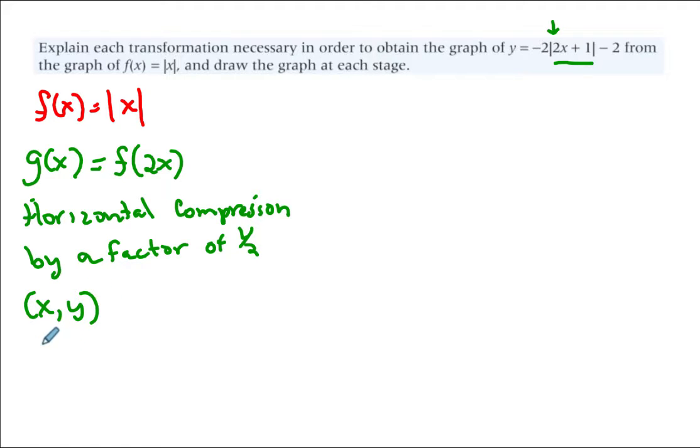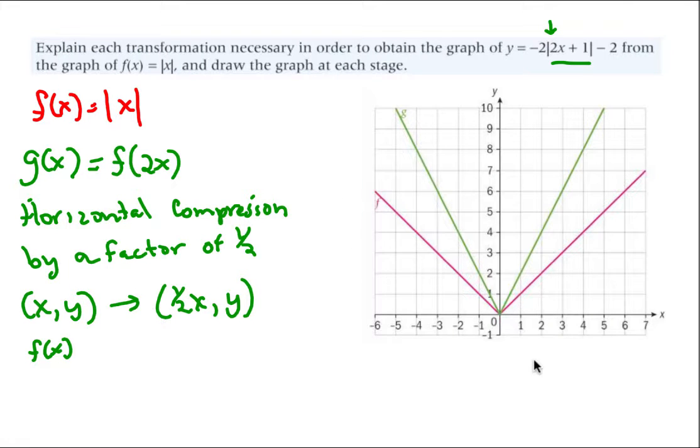In terms of our points, we can redefine the point (x, y) as the point (1/2 x, y). So every x value is going to be multiplied by 1/2, and the y value is going to be the same. So for example, in our parent function, we have the point (1, 1). So in my new transform function, I should have the point (1/2, 1).